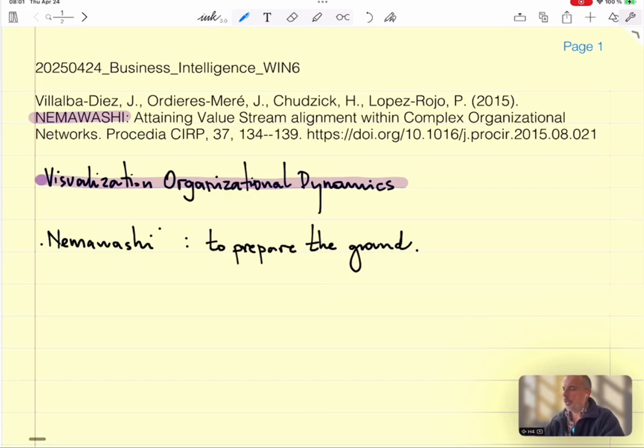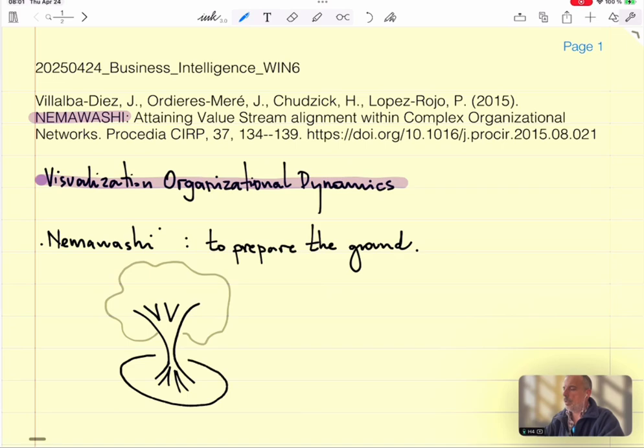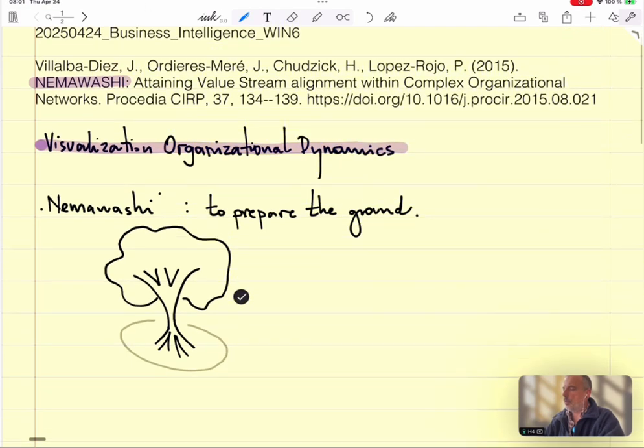Imagine you have a process, a company, or a department you are dealing with. Imagine it as a tree, as something that is living. Before you plant a tree, you want to make a hole in the ground and you want to put some good earth.